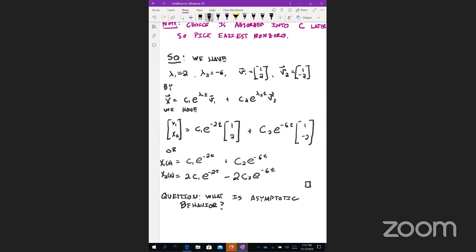What happens to this pair of quantities x1 and x2 as t goes to infinity?